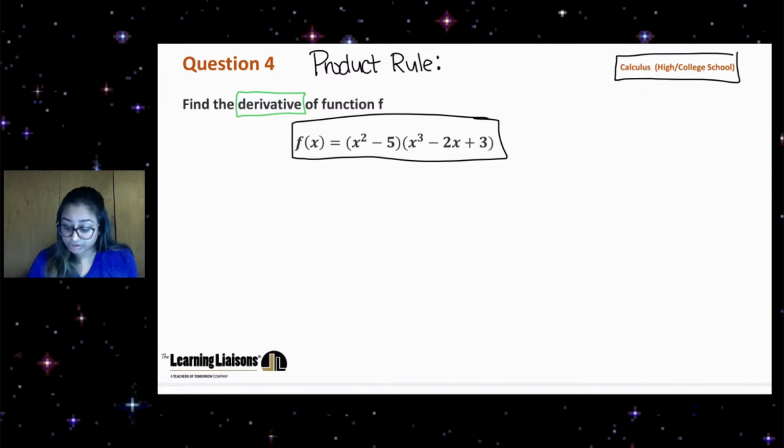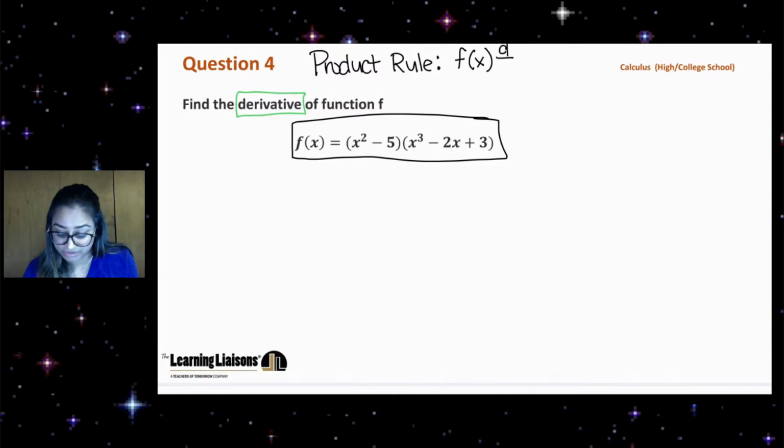So, in order to do the product rule, we will need to do this. We will need to take f of x by itself and then the derivative of g of x.